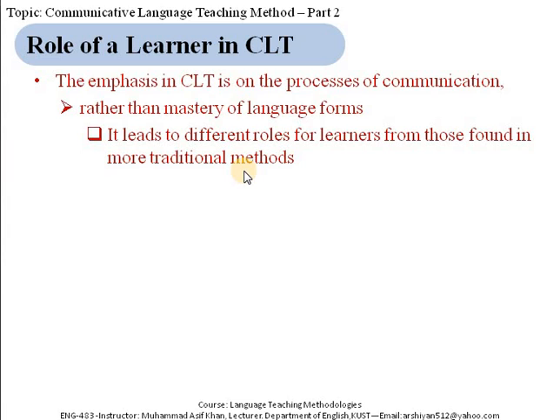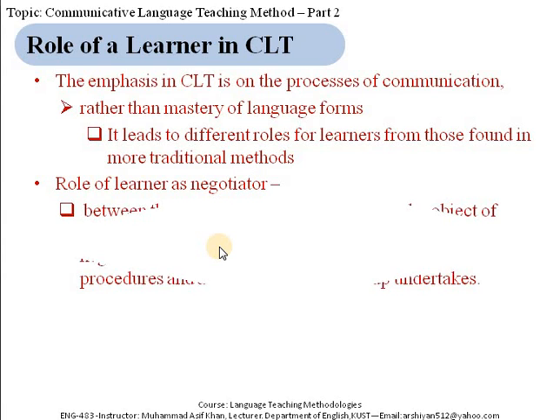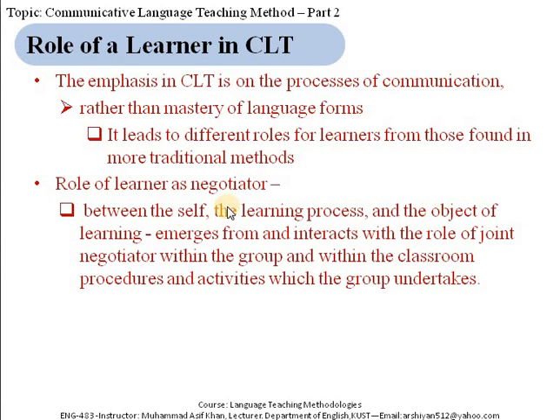The role of the learner is as negotiator between the self, the learning process, and the object of learning, that emerges from and interacts with the role of joint negotiator within the group and within the classroom procedures and activities which the group undertakes. So basically he is a negotiator between all these activities.